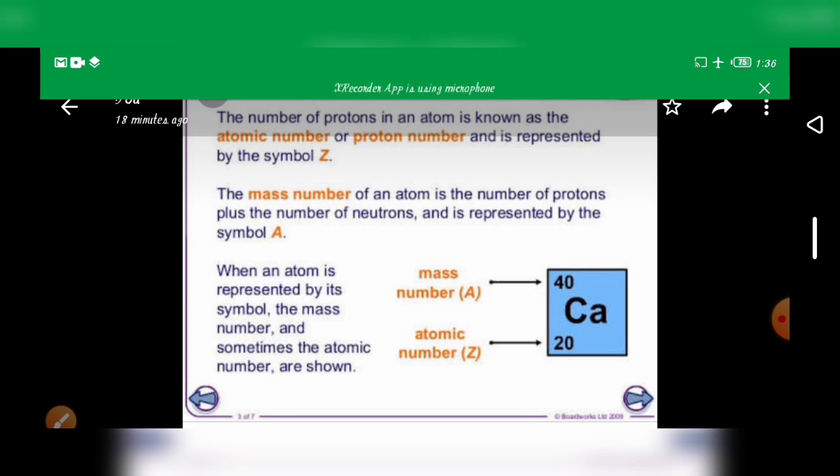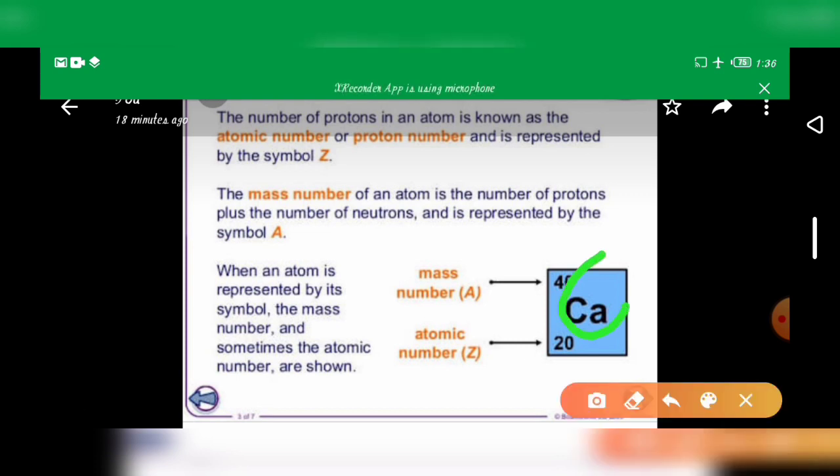So we can write it as, see here, calcium is given here. It has atomic number written as the subscript of the atom, that is 20, and the superscript is written as the mass number, that is 40.